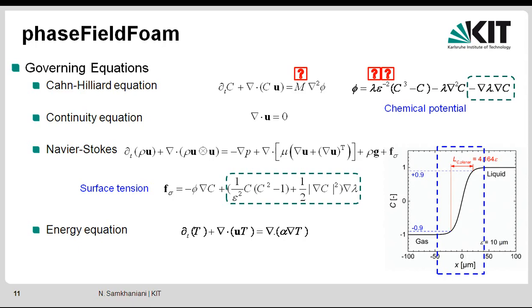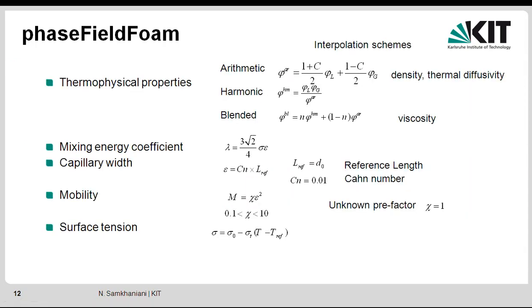This dependency of the surface tension on the temperature creates some extra terms in the chemical potential and surface tension. To calculate the thermophysical properties in the interface region, we need to interpolate the data. For the interpolation, we use arithmetic interpolation for the density and thermal diffusivity, and for the viscosity, we consider the blended scheme.